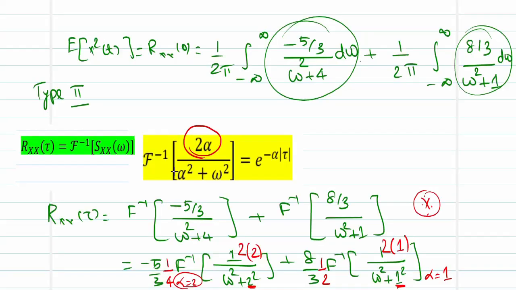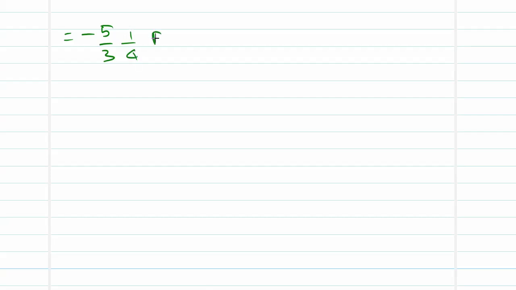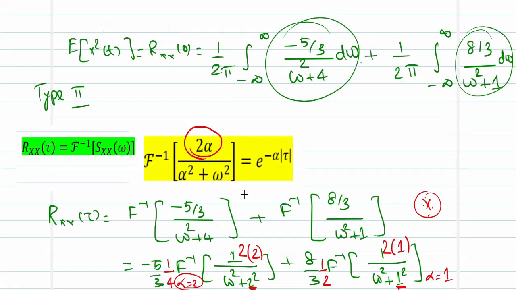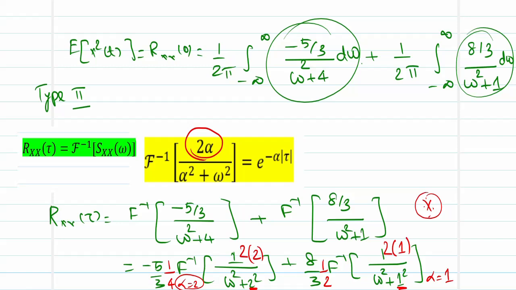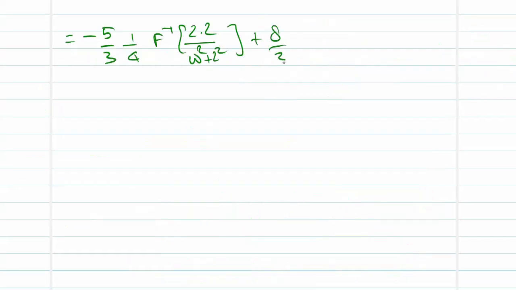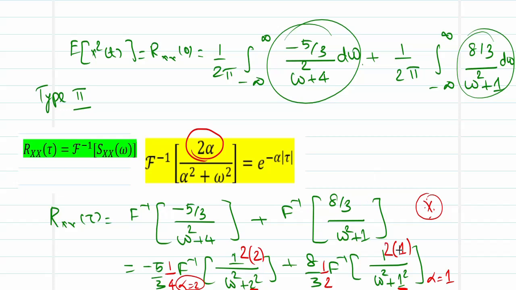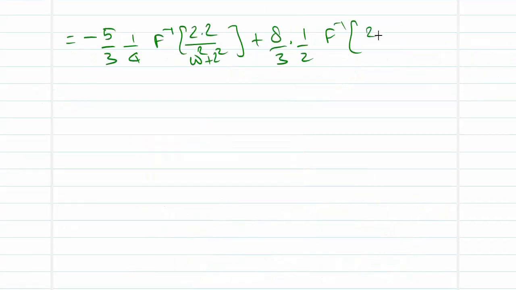So I have this to be equal to minus 5 by 3, and I have 1 by 4 with F inverse of 2 into 2 divided by omega square plus 2 square. The second factor, 8 by 3 into 1 by 2, F inverse of the required factor, 2 into 1 divided by omega square plus 1 square.